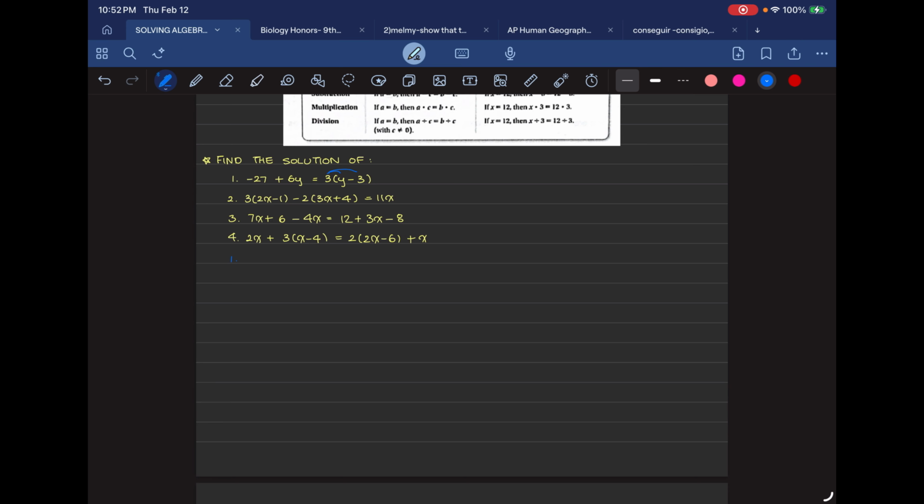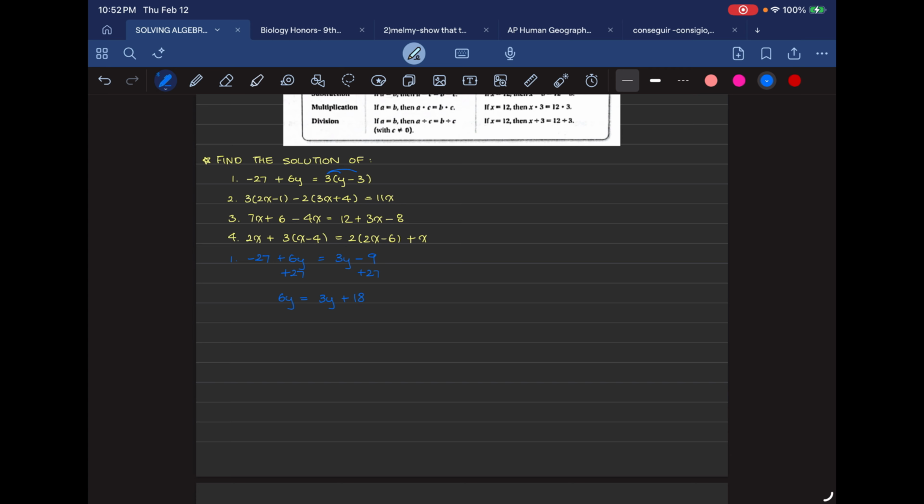We are first going to distribute this 3. So it's going to be 3y and negative 9 on the other side. And we're going to try to combine like terms. So let's first add 27 on both sides, which is 6y equals 3y plus 18.